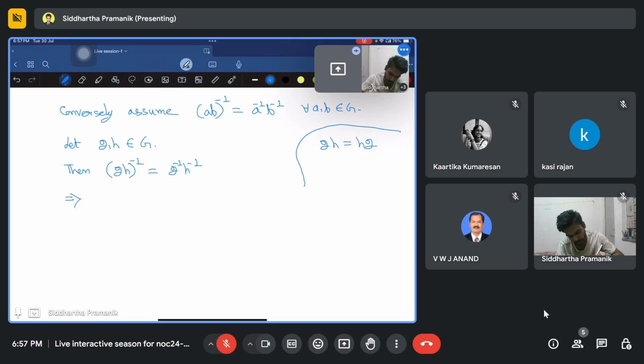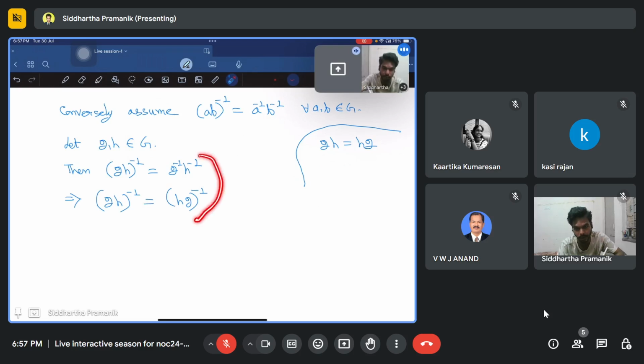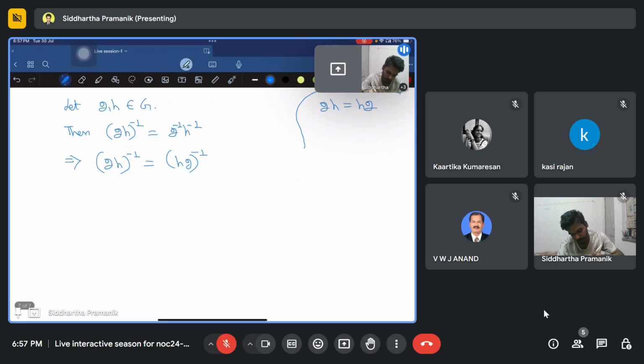So this is the same as inverse of gh is the same as inverse of hg. This is again by using our first problem which we have done. So these two elements are the same, and we know that inverse elements are unique, right? So if we take inverse of these two elements, that should also be the same.